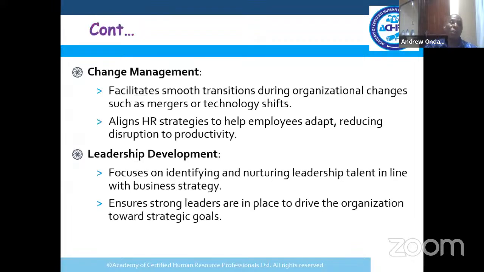The other aspect we look at is change management. As I said, change is all around us. There are many things that are changing, and I'll mention maybe 3 or 4. One, the organizational structure is changing. We are moving away from the traditional tall and hierarchical structure to a more short and broad-based structure, where we have more people at lower levels performing duties than having so many people up the organizational ladder who are not doing much.